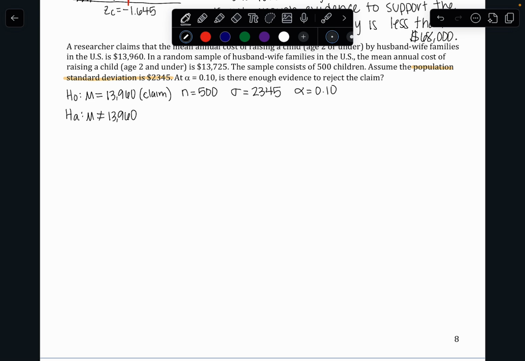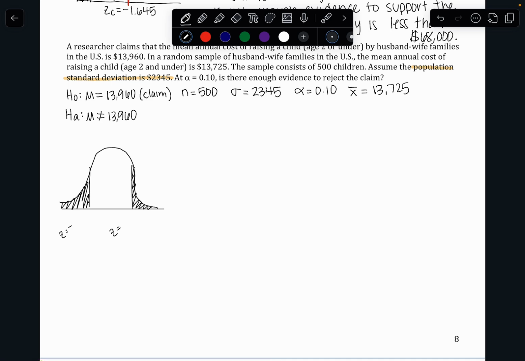And then we also know that our sample mean, X bar, is 13,725. All right, so before we find our rejection region, let's go ahead and sketch our graph. Because it is not equal to in our alternative hypothesis, that means we are two-tailed. So we're going to have two critical values, one of which is negative and one of which is positive.